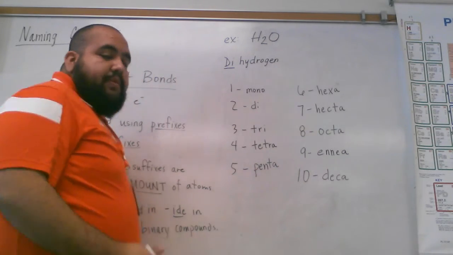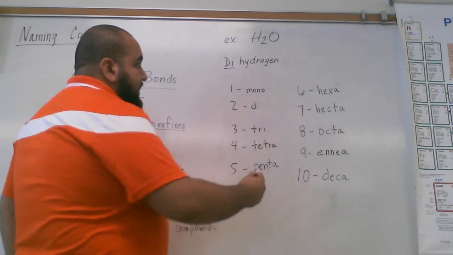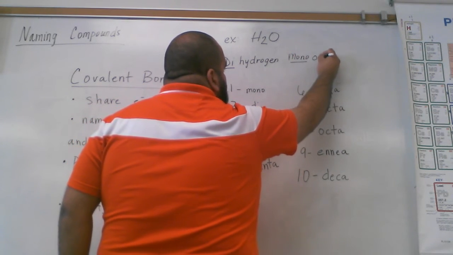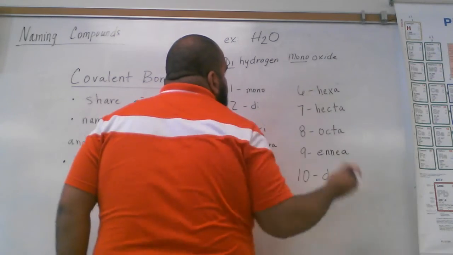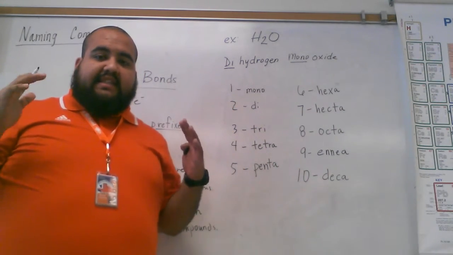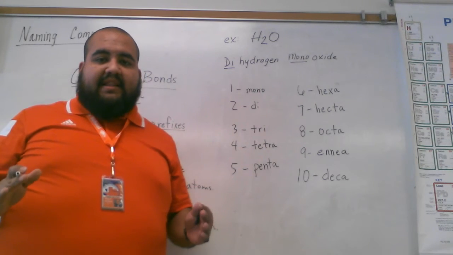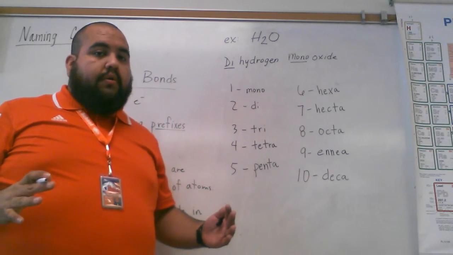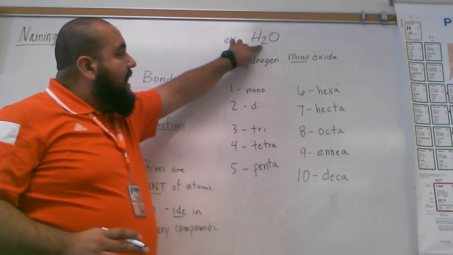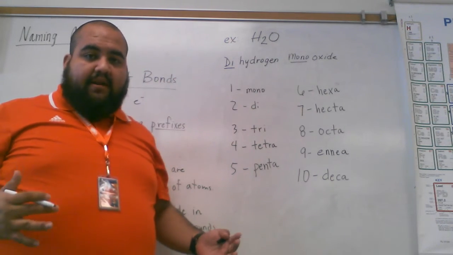How many oxygens do we have here? 1, so it's mono oxide. Dihydrogen monoxide is the technical covalent bond name for water. Notice how we use the prefixes based on the amounts of the subscripts of the atoms.